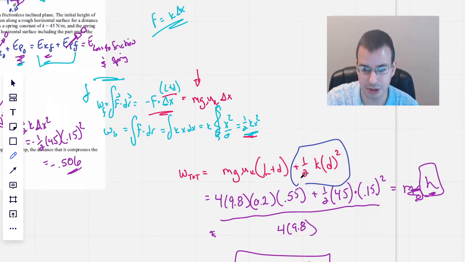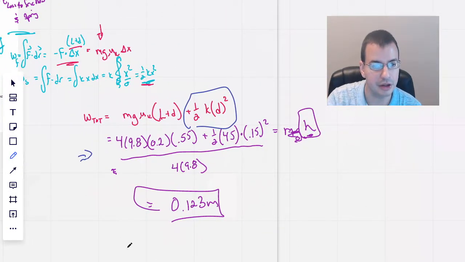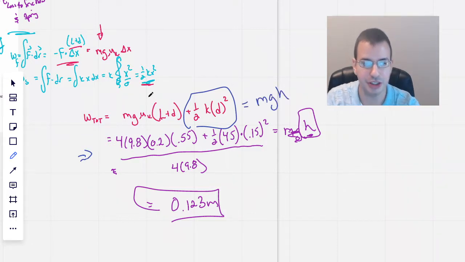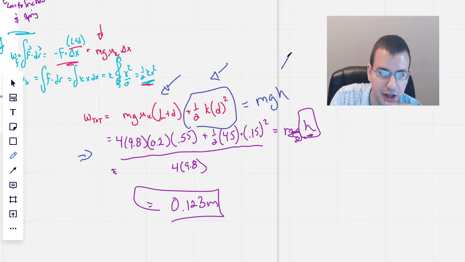but we have this equation right here, which we're going to leverage. So this part, I'm going to say then equals mass times gravity times height. So this is the loss due to friction, this is the spring compression, and that is the height of the block.